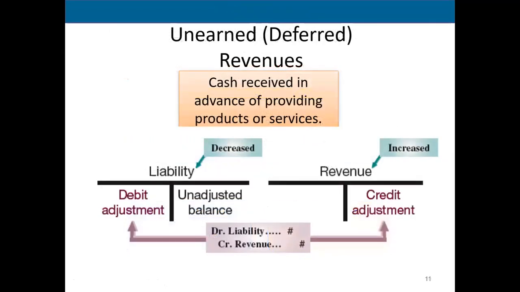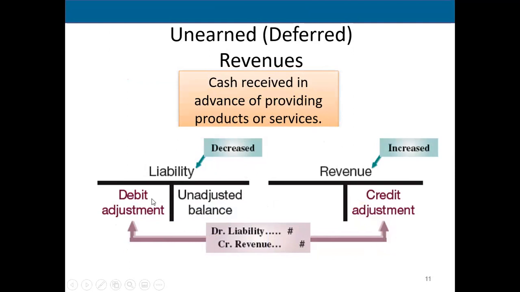Okay, unearned revenues. Again, this is when a customer pays us in advance. And so throughout the month or throughout the quarter, whatever the time period is, we earn some of this. And so we adjust this account by debiting unearned revenue, crediting revenue, right?